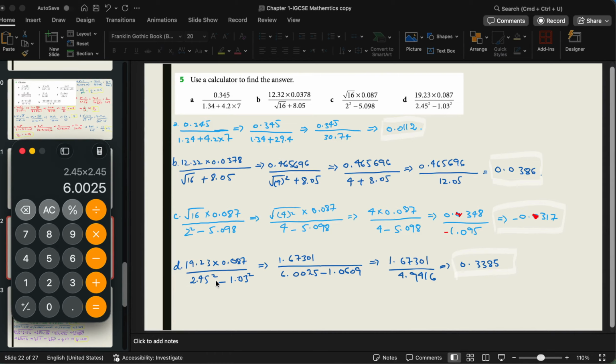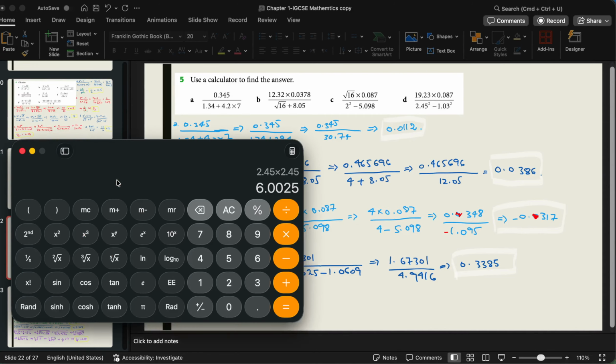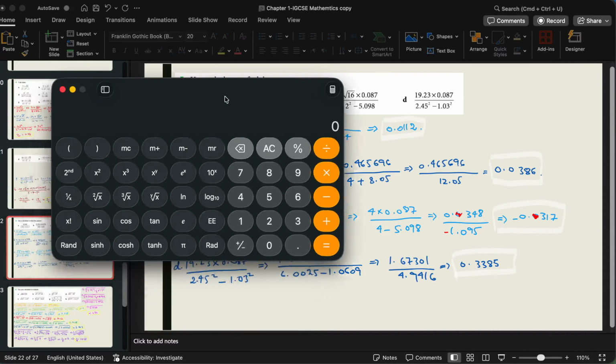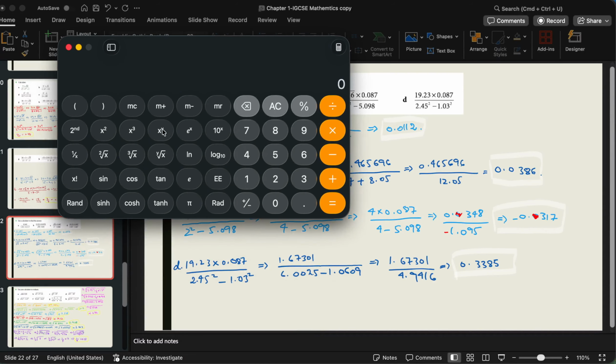I have this calculator. Perhaps I can go for the scientific one. If I use the scientific calculator, in here I have the square as well. So if I do it, it would be 2.45 square, and it will be equal to 6.0025 as recorded in here, minus 1.03 whole square.